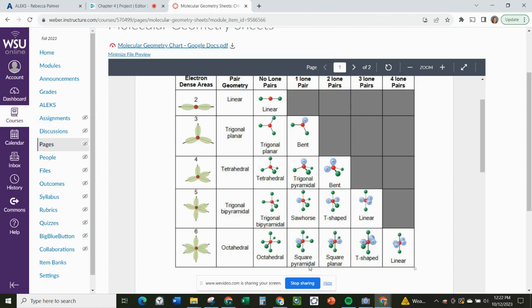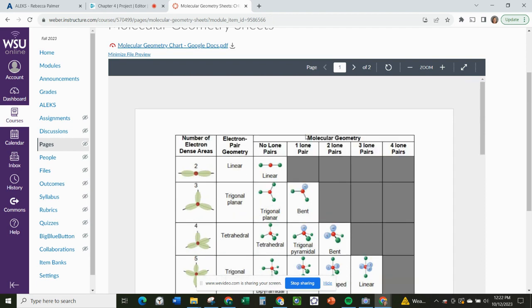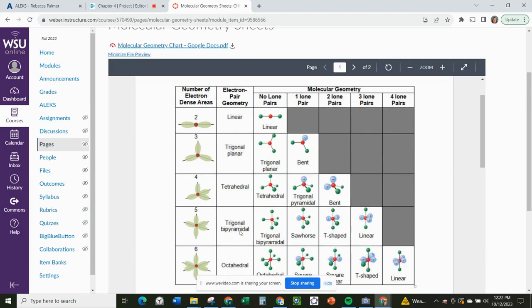This would be square pyramidal. So that's how we do that. We have 6 electron domains and then we count how many lone pairs. That's if we're looking at molecular geometry, the shape of the molecule. If we're just looking at electron pair geometry, then we just use this first column.